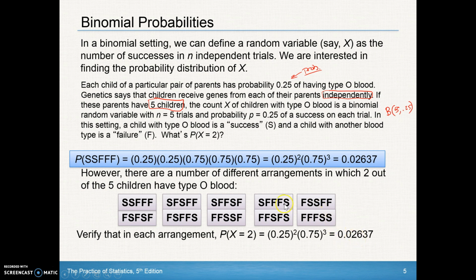You can see there's 1, 2, 3, 4, 5, 6, 7, 8, 9, 10 of these different possibilities. So to calculate the probability, I'd have 10 of these different arrangements of 2 kids with O blood, 3 without O blood. And that'd be my probability of getting exactly 2 kids amongst 5 that have type O blood, so roughly about 26.37%.